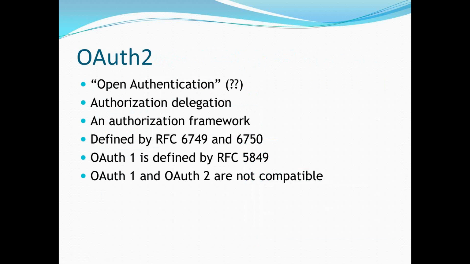I think this may be where people get confused, or people write another RFC just to clarify what they mean. And then there's version 1 and version 2. OAuth1 is defined by RFC 5849. The important thing is that OAuth1 and OAuth2 are not compatible. They are different, and OAuth2 is, I would say, more mature.